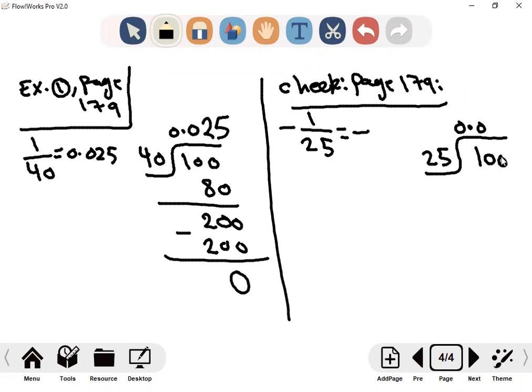Don't forget this step. Now 100 divided by 25. 4. 4 times 25, 100. Done. Take the answer and put it here. 0.04. So -1/25 equals -0.04. Got it? This is the check.